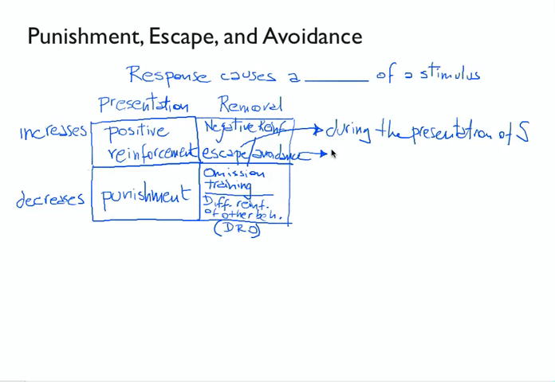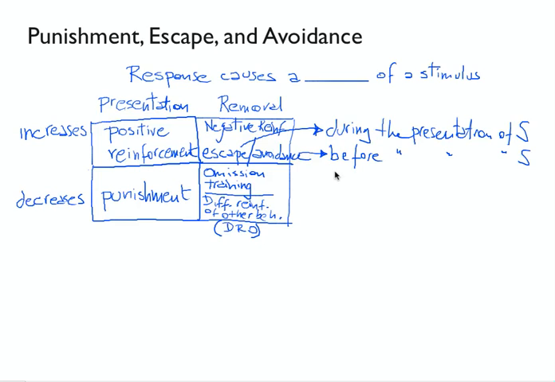And in avoidance, it is the cancellation of the stimulus before the presentation of the stimulus. In escape, we're talking about cancellation of an aversive stimulus during its presentation. In avoidance conditioning, we're talking about the cancellation of the aversive stimulus before its presentation.